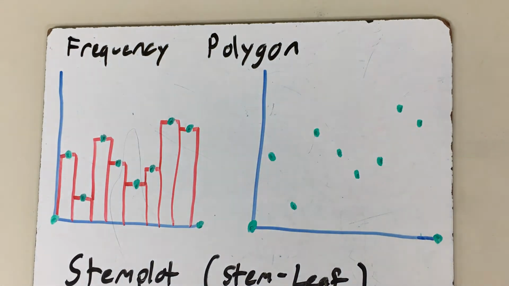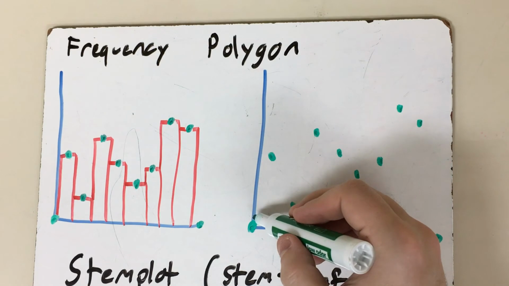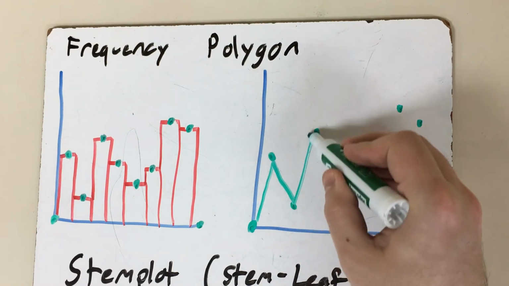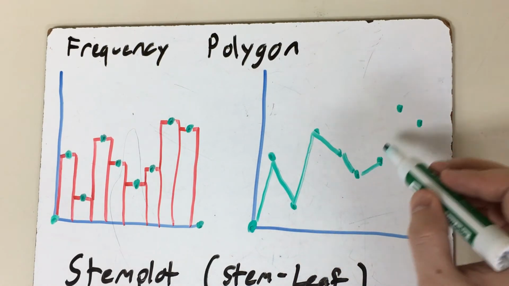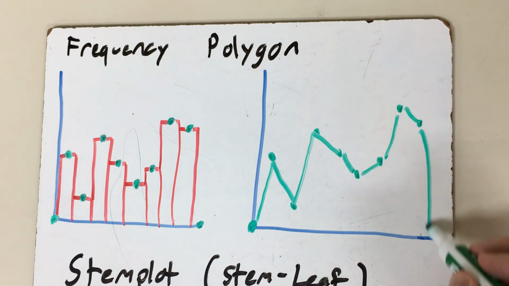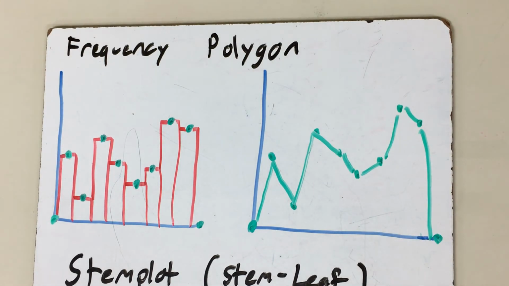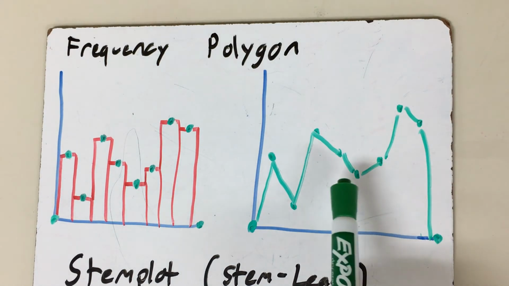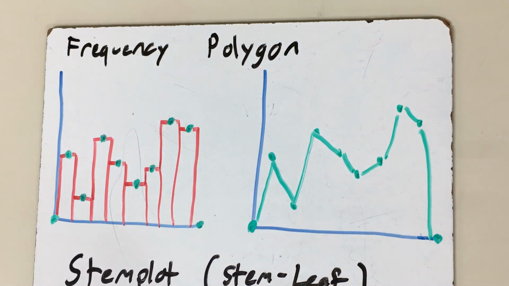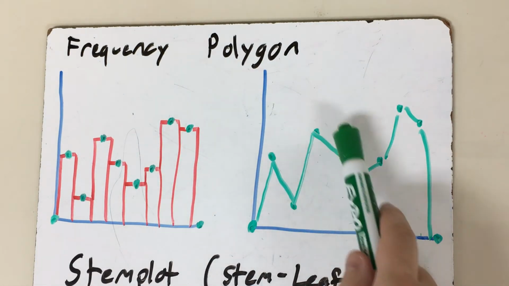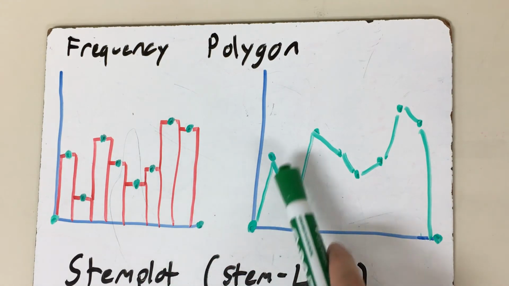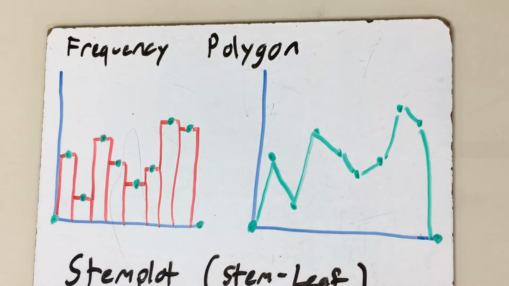And all I'm going to do in order to see how this distribution goes is I'm going to connect the dots. And using this, I think we can see that this holds about the same shape as this one. I think the point of a frequency polygon is to try to actually see some of that change between the frequencies of your different bars, just to look at it in a bit of a different way.